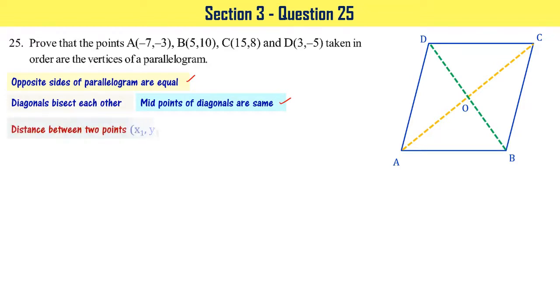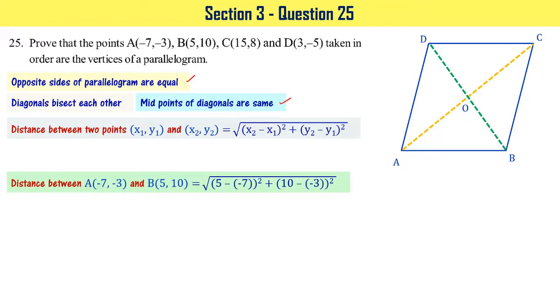So let's start with the distance between 2 points formula. The distance between x1 y1 and x2 y2 is the square root of (x2 minus x1) whole square plus (y2 minus y1) whole square. Right? Now let me find the distance between A and B. A is minus 7 comma 3, and B is 5 comma 10.